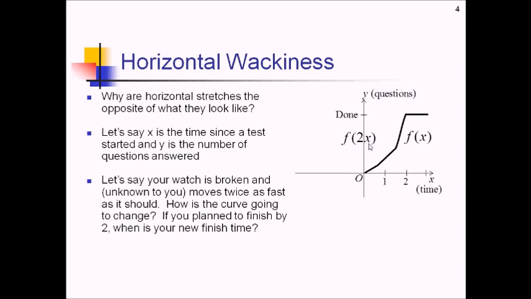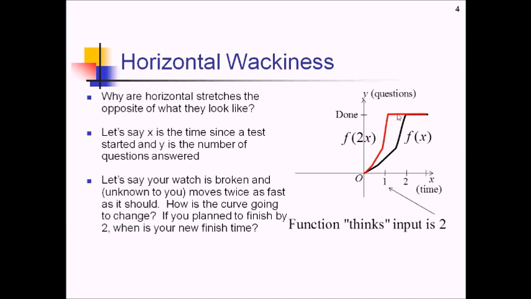Well, if your watch is going twice as fast, then at 1 hour, your watch looks like you've already done 2 hours worth of testing. And you're like, aw, snap, I better finish a lot faster or else I'm never going to get this test done. So in response to what you think is your finishing time here, you get done actually a little bit earlier than you normally would have.